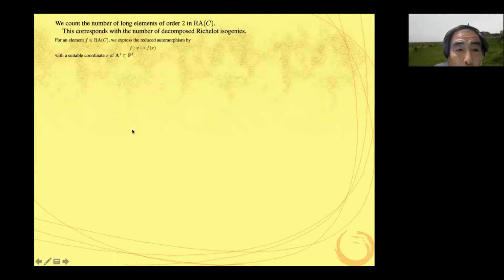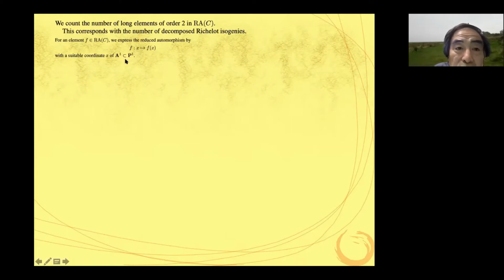And so for the reduced automorphism group, we express it like this. The reduced automorphism group is an automorphism group of P1, so we can express the reduced automorphism group like this.